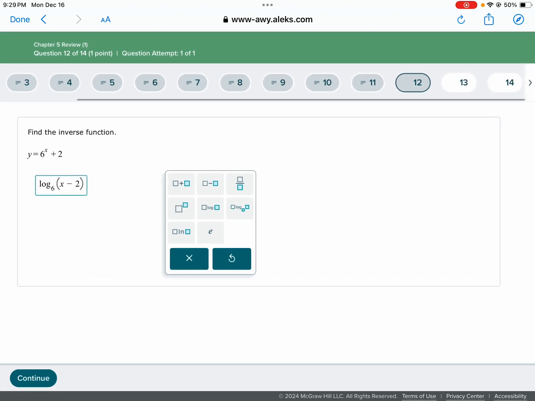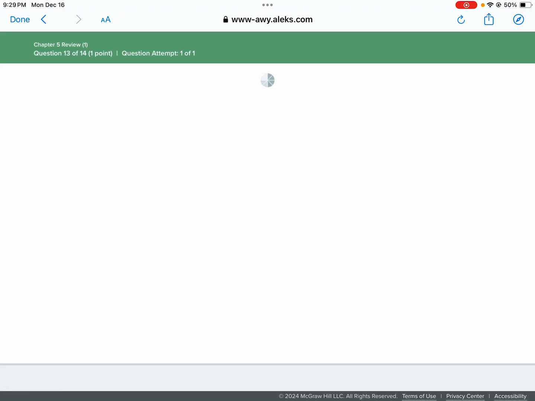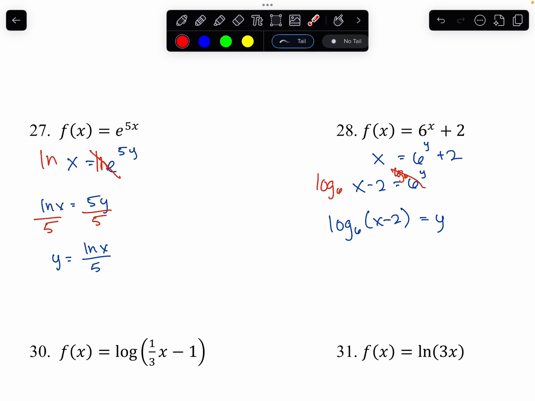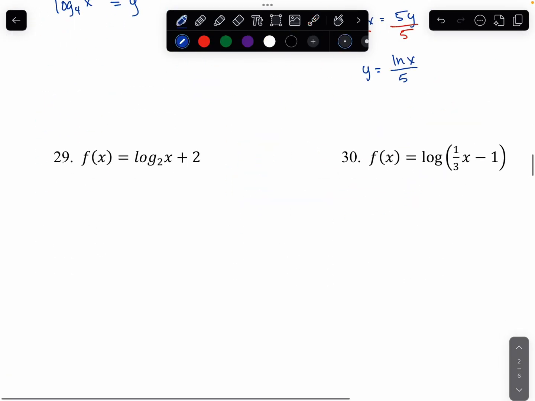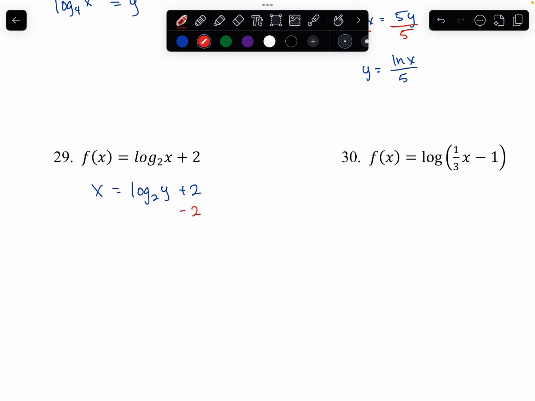Okay, and then moving on. Okay, so down here, x is equal to log base 2 of y plus 2. Notice that there are no parentheses here, so I can start by subtracting 2. So I'll get x minus 2 is equal to log base 2 of y.